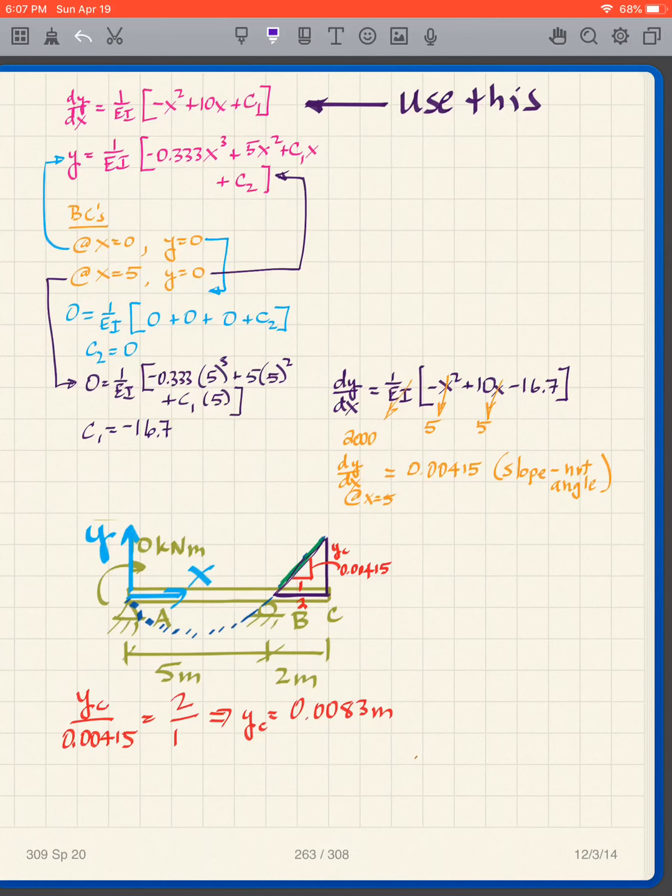If I look at those two similar triangles, I get that yc over 0.00415 is equal to 2 over 1. I can solve for yc, and yc becomes 0.0083. And we got our answer.